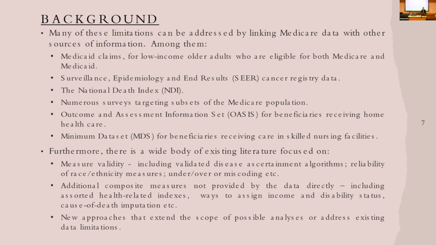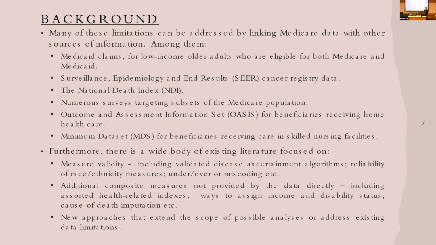In addition, there's a lot of literature on measure validity, including validated disease ascertainment algorithms, reliability of race or ethnicity measures, and how to deal with over/under coding. There are a lot of additional composite measures, usually indexes of various types, health-related indexes, ways to assign income and disability status, and, as I mentioned earlier, cause of death imputations.